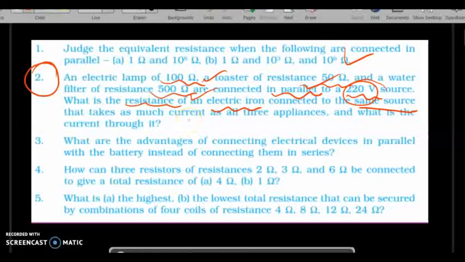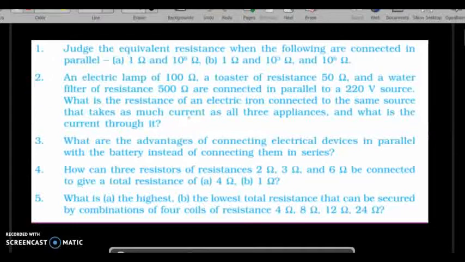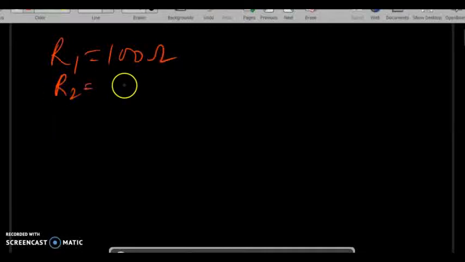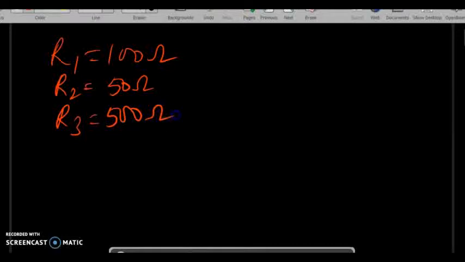So children, let us work this question now. There are three resistors. Let's write R1 equal to 100 ohm, R2 equal to 50 ohm, and R3 is equal to 500 ohm. That is what is given to you. The next one.